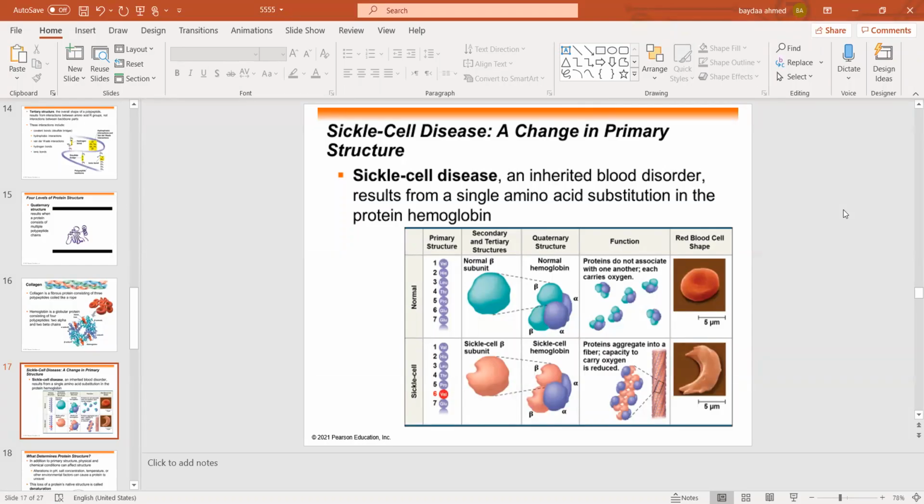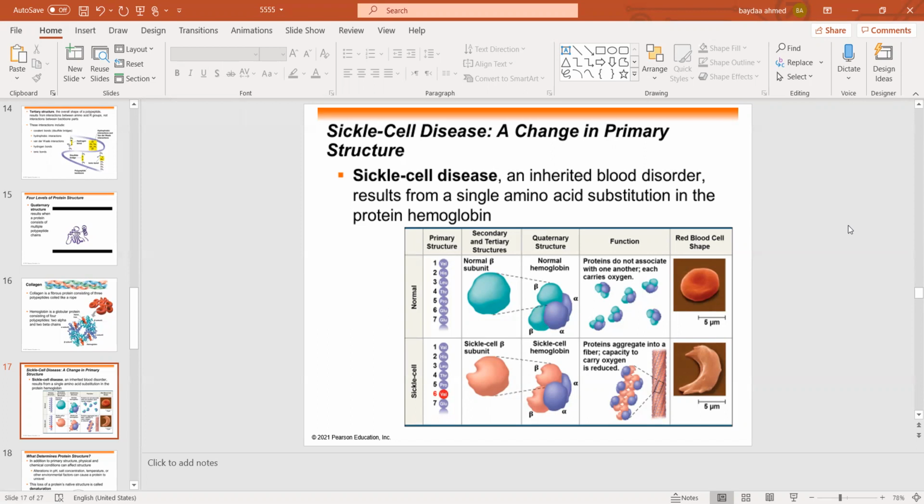Even a slight change in primary structure can affect protein shape and ability to function. For instance, sickle cell disease. This inherited blood disorder is caused by substitution of one amino acid, valine, for the normal glutamic acid at the position of the sixth amino acid in the primary structure of hemoglobin, the protein that carries oxygen in red blood cells.